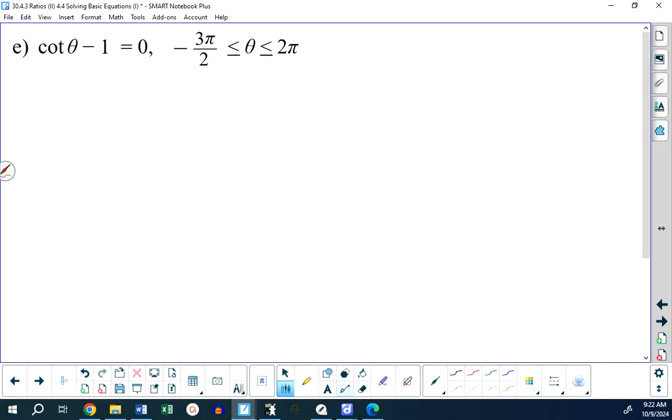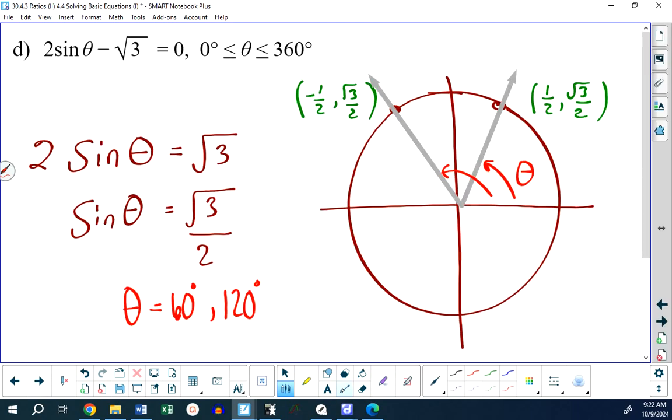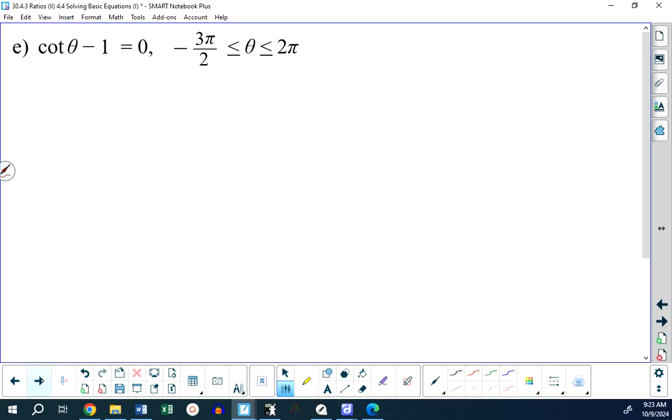E, cotangent theta minus 1 is equal to 0, and we have what I call an oddball domain. We want from negative 3 pi over 2 to 2 pi. So the first thing to do is get this as a single trig ratio equals a number.